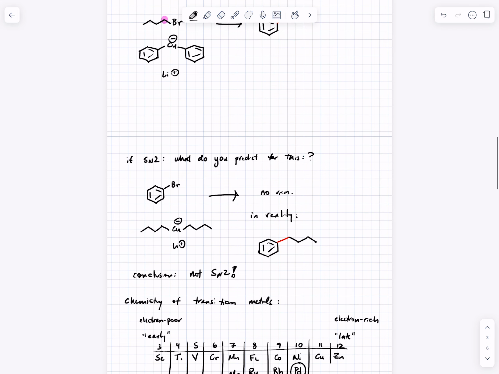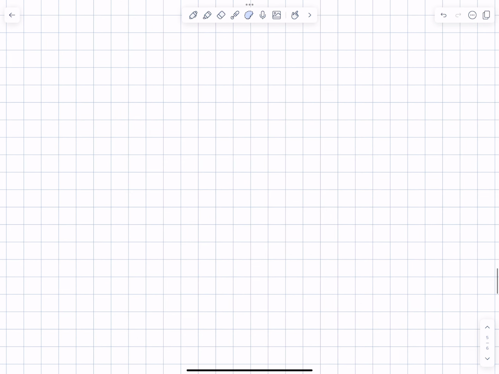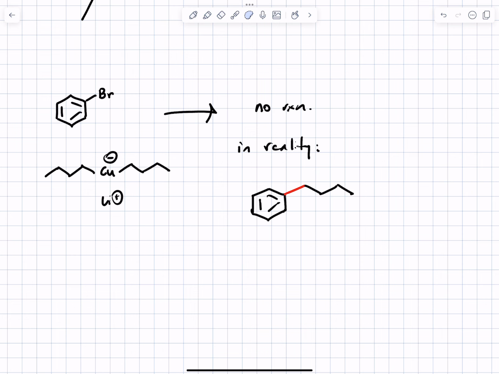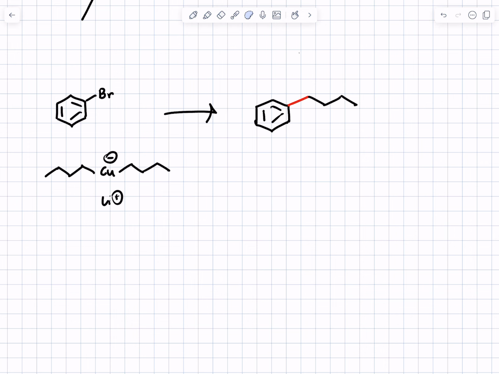So all you know from this is that there is no SN2 reaction. I mean, there is, but not for this copper, right? Did I just scare some of you? All you know is that I can make this bond, but the reaction is not SN2.